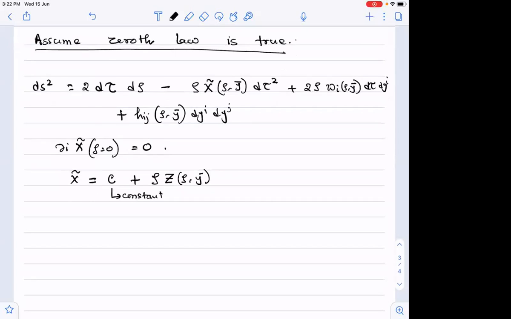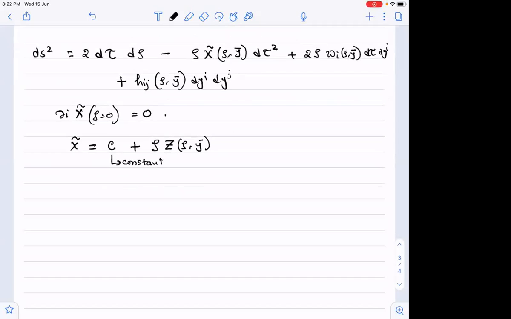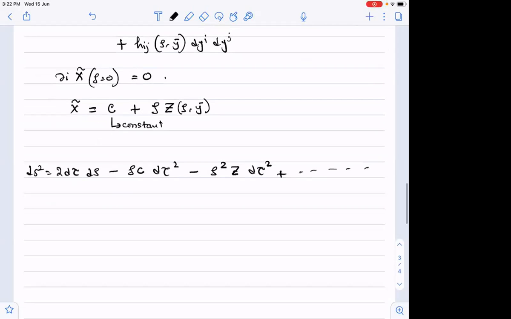If I substitute it, the d tau square term will be just this: minus rho C d tau square, rho square Z. So I've taken this constant piece outside.